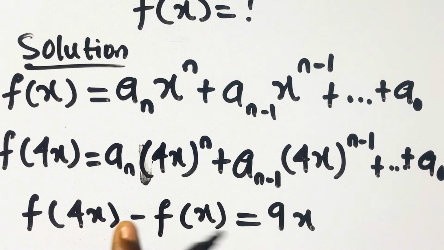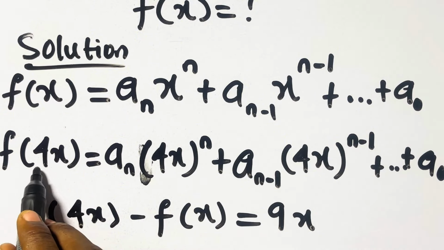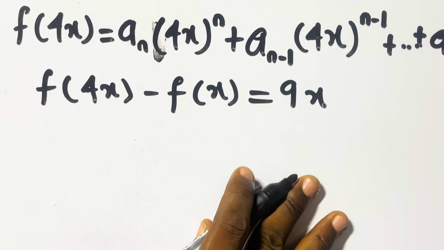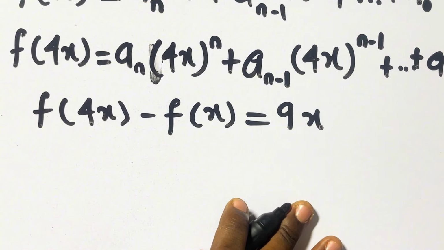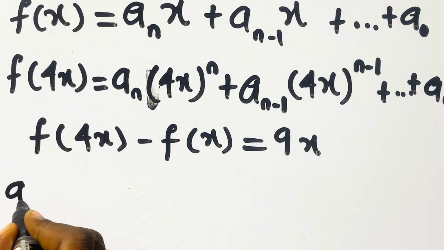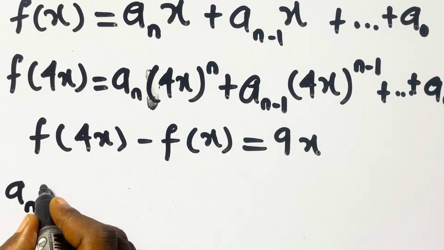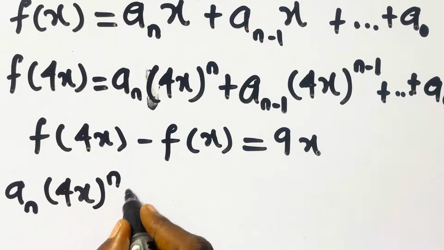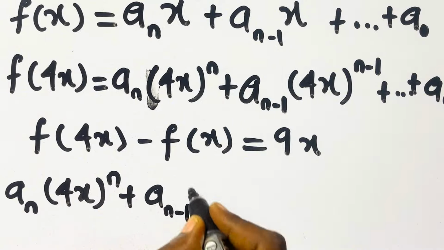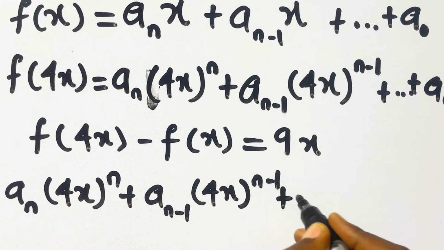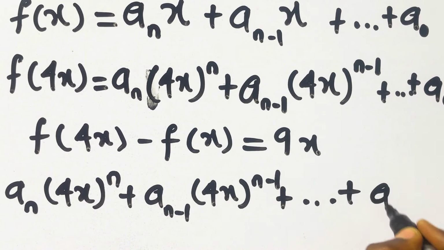What this means is we have the difference of these. We have to subtract f(x) from f(4x). So we will have a_n times 4x raised to power n, plus a_(n-1) times 4x raised to power n minus 1, plus this continues until a_0.